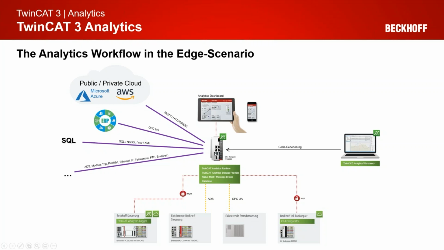Or we can use the database server to connect already existing databases like MongoDB, for example, as a NoSQL database, or a Microsoft SQL server, or to write data in a CSV file or XML file, or use one of the other connectivity products from Beckhoff for TwinCAT, because TwinCAT is a very open platform, and this is one of the reasons why we decided on this way, that we do not integrate the analysis in a new tooling and a new runtime.